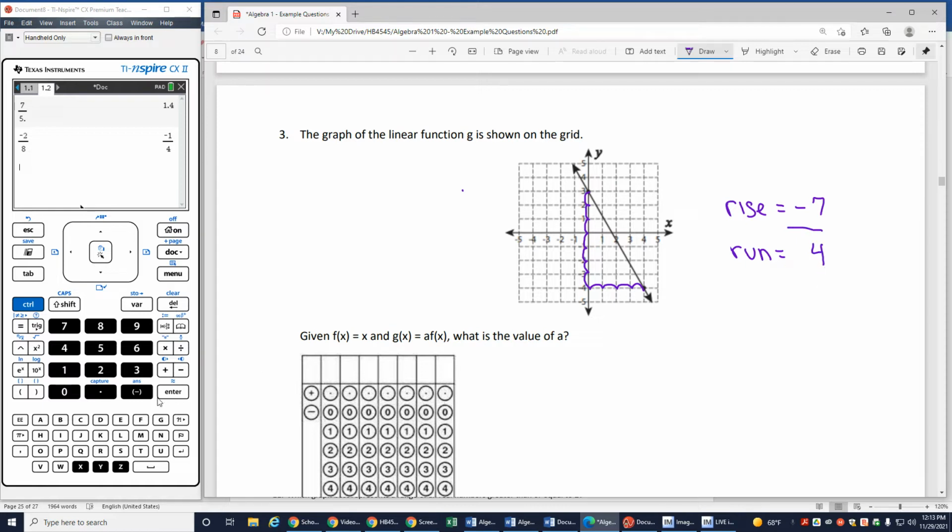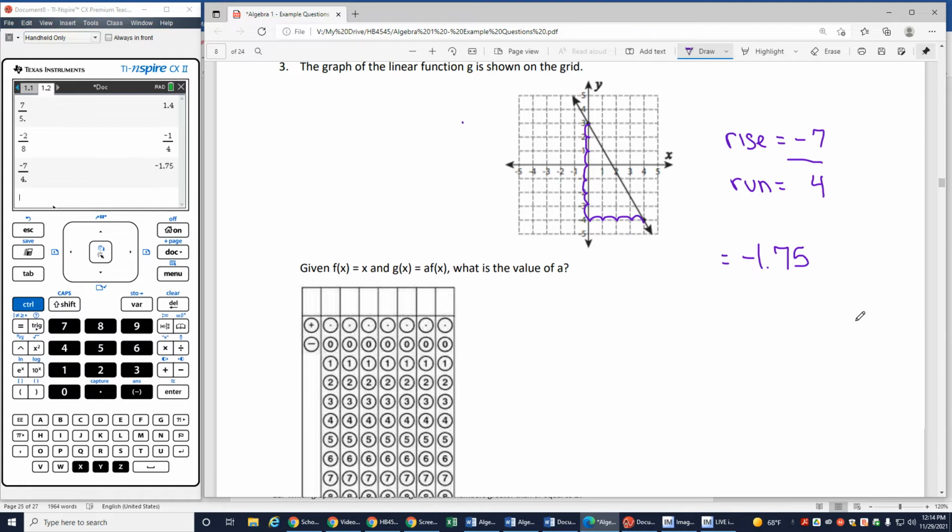So -7/4, which I can't bubble in, so I'm going to have to turn it into a decimal. So -7 divided by 4. I'm going to tell the calculator to give it to me as a decimal by putting the little decimal there. Enter, I get -1.75. So this time I do have to bubble in my negative. And again, I can put that 1.75 wherever I want to.